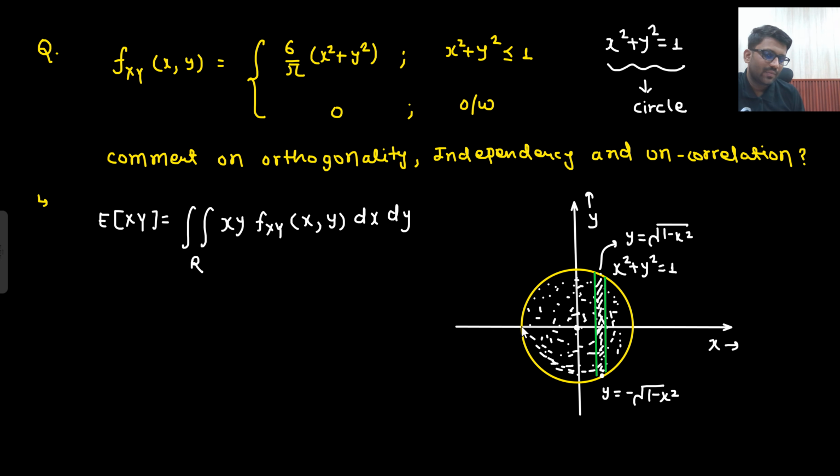And x will go from, what will these points be? x equals minus 1, 0 and x equals 1, 0. So x will go from minus 1 to plus 1. And then you will have to solve the integration. The integration will become difficult.